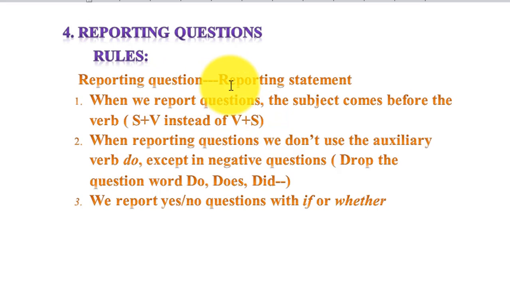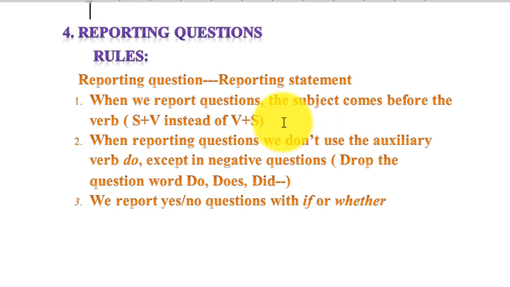Reporting questions can be converted into reported statement forms. The first rule: when we report questions, the subject comes before the verb, subject plus verb instead of verb plus subject. The question structure was verb first, for example "Do you like to eat fish?": verb plus subject plus another element.